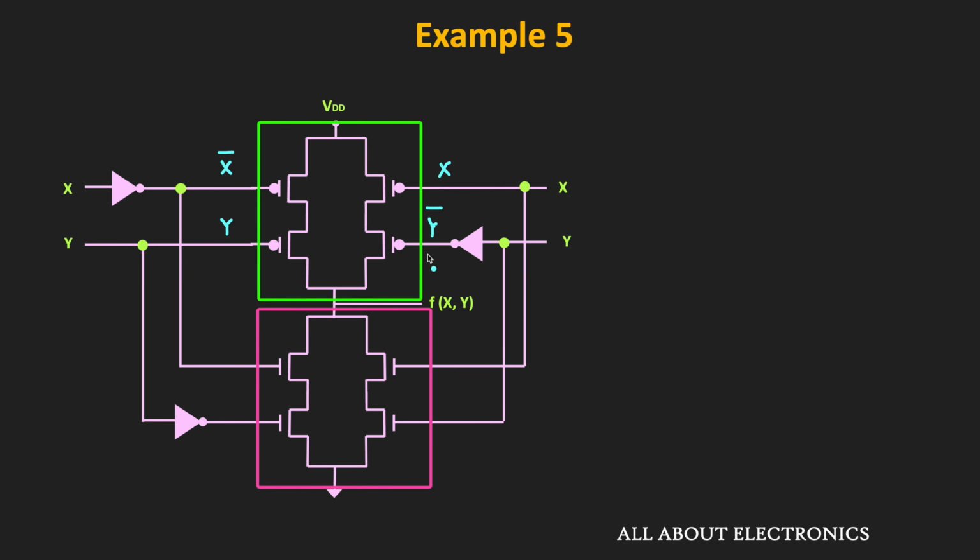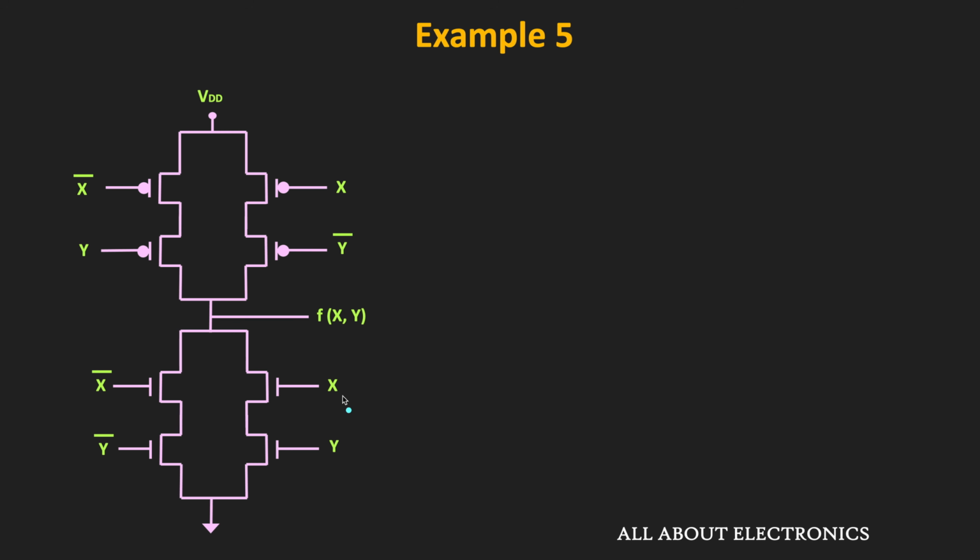On the NMOS side, the input to this first NMOS gate is equal to X bar, and likewise, the input to this lower NMOS gate is equal to Y bar. On the other end, the inputs for gate number 3 and 4 are X and Y. So in short, these are the inputs for each transistor, and with the help of them, we can easily find the function of this given circuit.